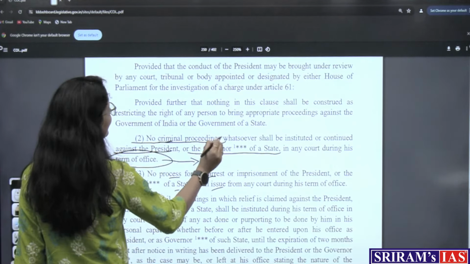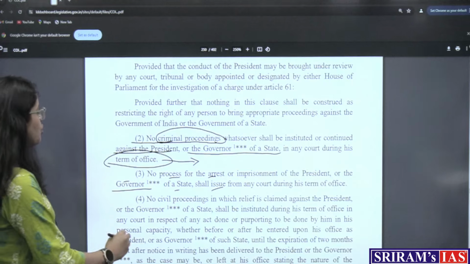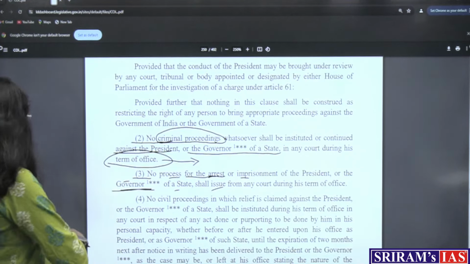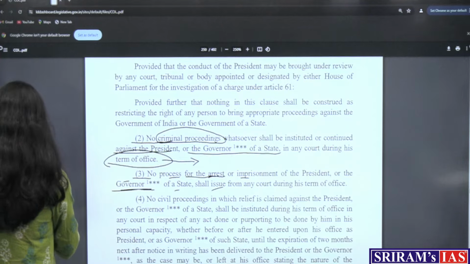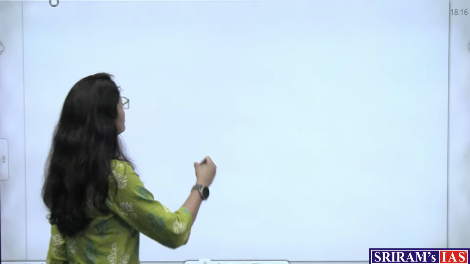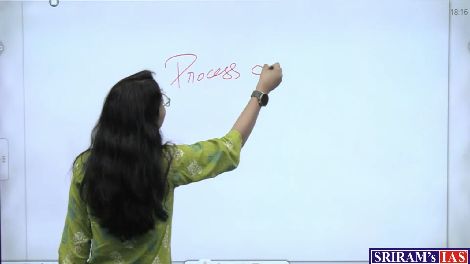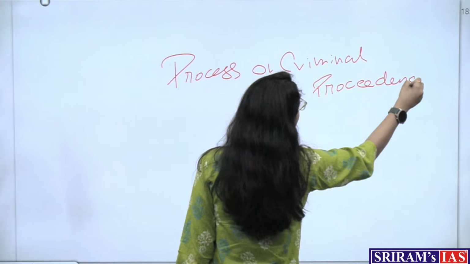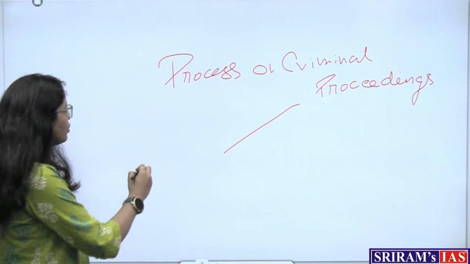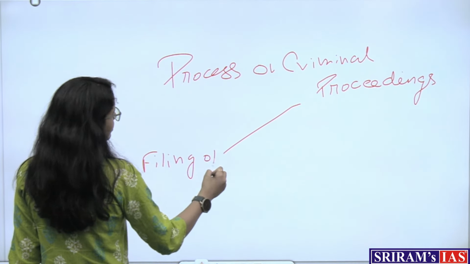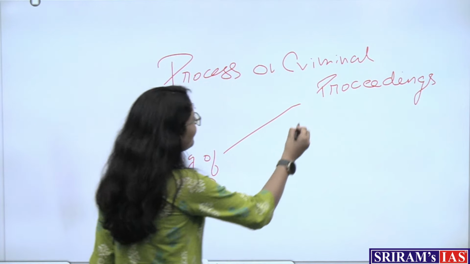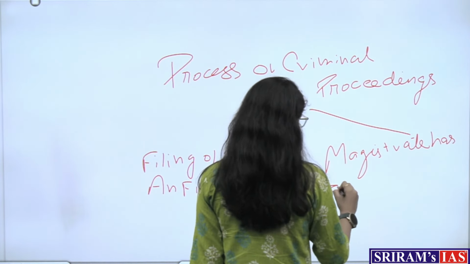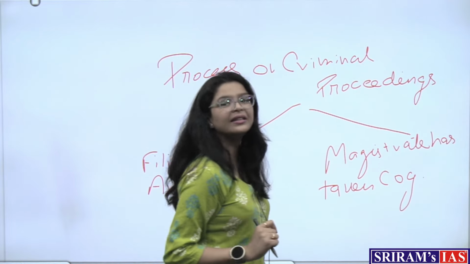Now, this term criminal proceeding that has been used under Article 361 clause 2, and this term no process for the arrest or imprisonment of the president or the governor has been challenged before the Honorable Supreme Court of India in the present plea. They are asking whether this process or institution of criminal proceedings undertakes within itself the filing of an FIR or when the magistrate has taken cognizance, which is technically the starting of any case.